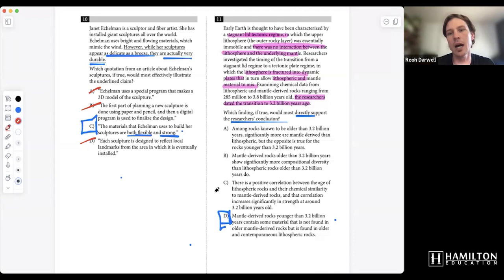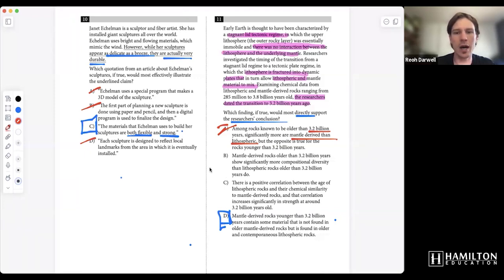All right. A is an opposite distractor, right? Can mantle-derived rocks be seen older than 3.2 billion years ago? No, right? Because looking in the lithosphere, we should see solely lithospheric rocks before 3.2 billion years ago, according to the logic of this research team.